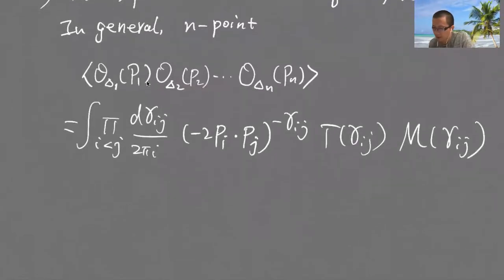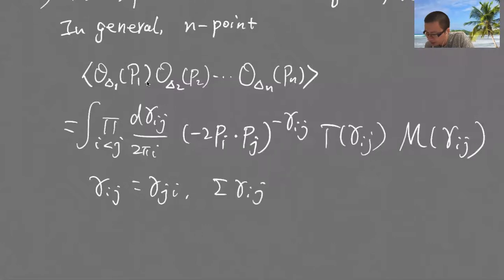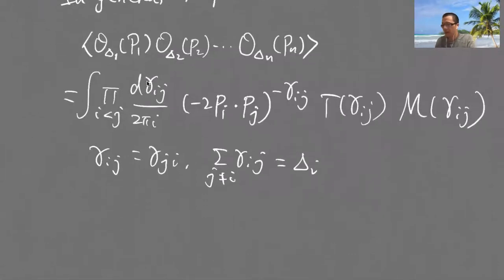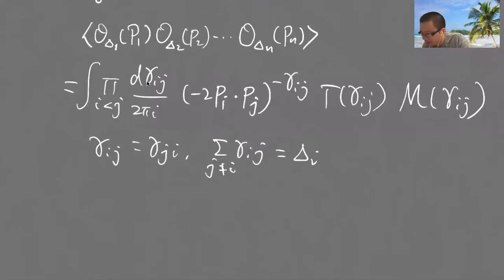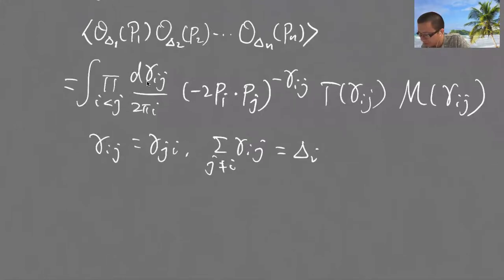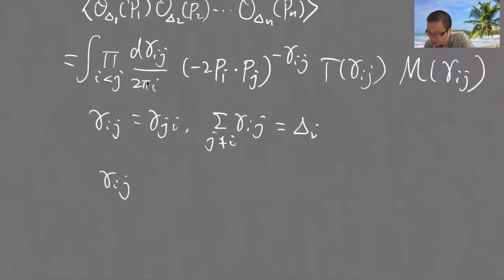Again, gamma is symmetric, and the constraint is exactly what I said before. When you have such a constraint, it turns out it's natural to write gamma ij as a product of vectors, ki dot kj.